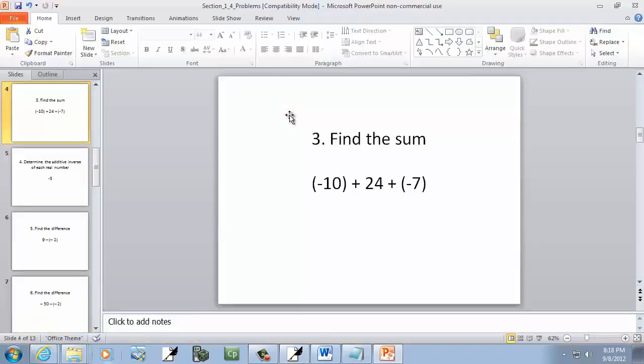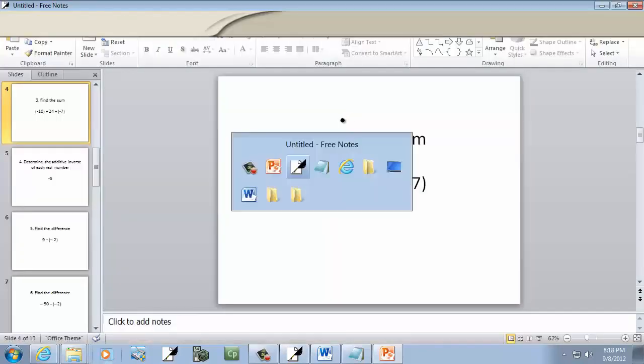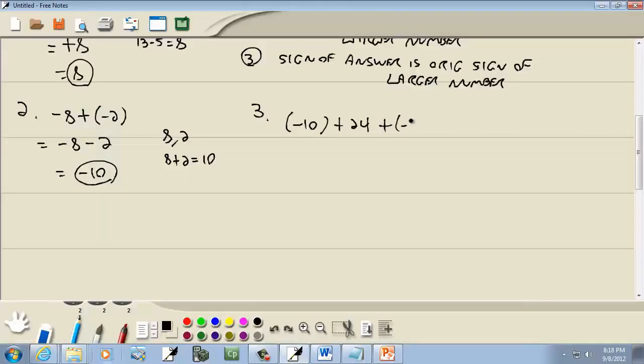Now 3. We got negative 10, 24, and negative 7. Well, this first set of parentheses isn't doing anything, so I'm going to drop it. And then we've got plus 24. Plus parentheses minus becomes a minus from our shortcuts up above. And let's do these first 2 numbers here.